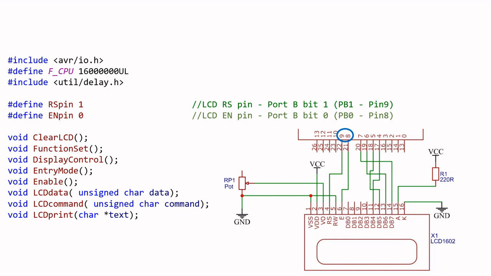That pin 8 is actually port B bit 0 on the ATmega328. So I'll be using these values in conjunction with port B later on. And here, following this definition, are the functions that I've defined that are going to be used in the program.